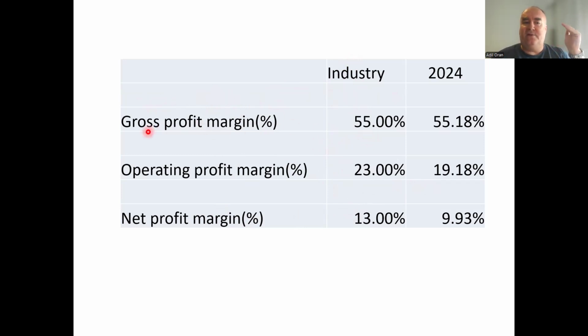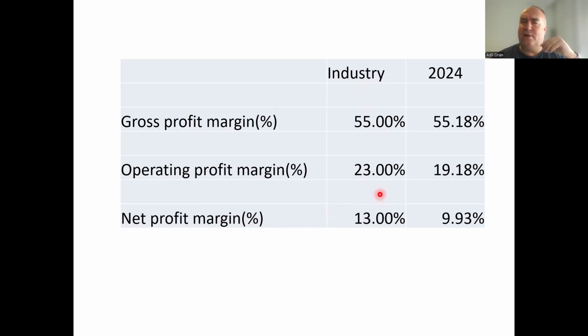And then the difference between GPM and OPM, we're going to see that that's equal to 32 percentage points. And that will be your operating expense percentage for the industry. And finally, OPM and NPM, that difference here, 10 percentage points.